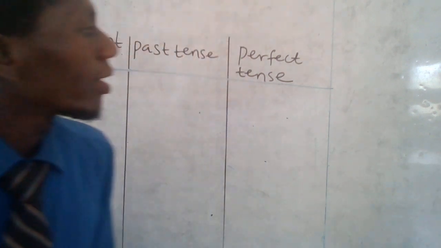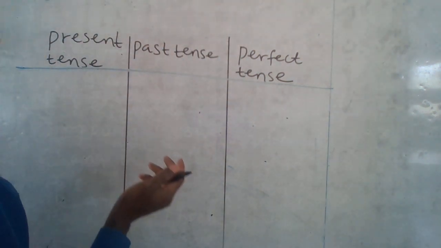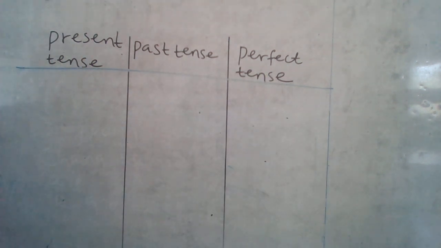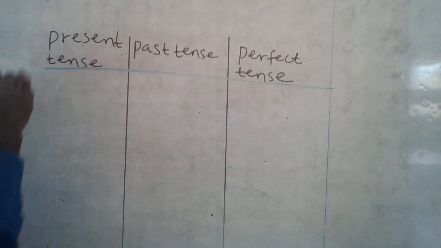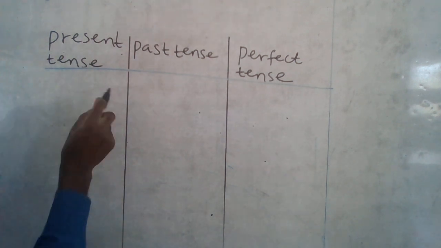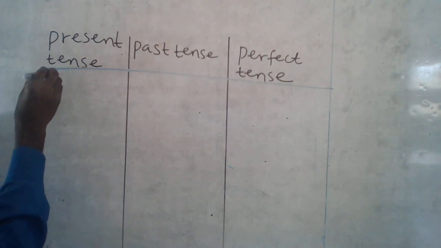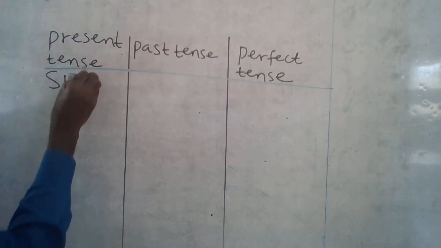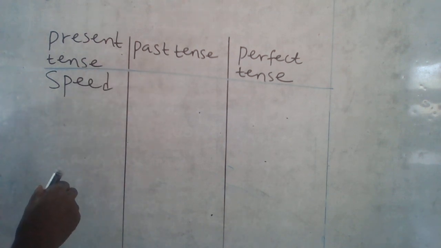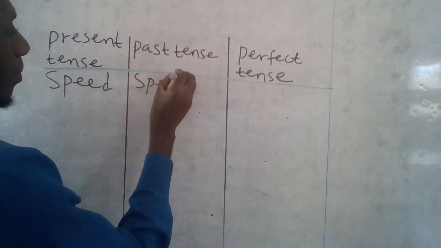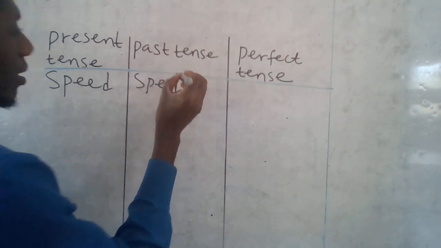Consider this table where we have present tense, past tense, and then the perfect tense. We are going to give some examples here of the words that are in present tense. For example, if I have the word speed, then the past tense is sped.